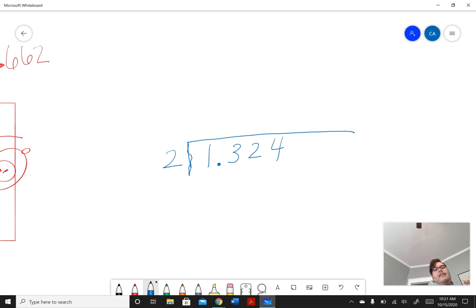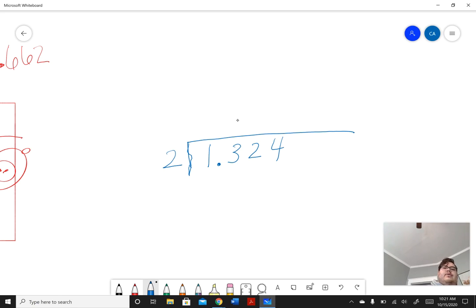Can I make any groups of 2 out of 1? Nope, so I got to combine that 1 with my 3 and say that I have 13, because remember, 1 is the same thing as 10 tenths. So 10 tenths plus 3 tenths is 13 tenths. Glad we're on the same page.